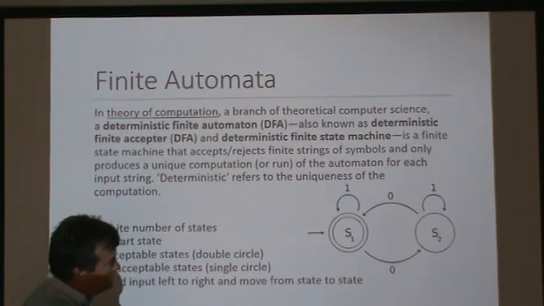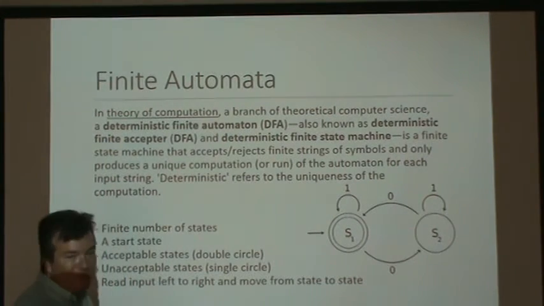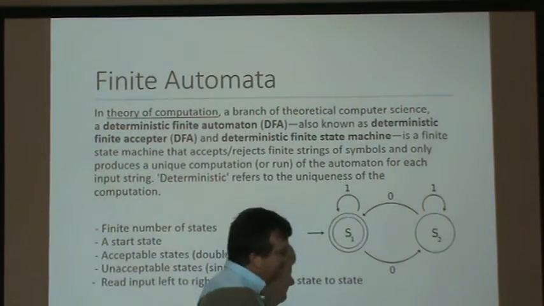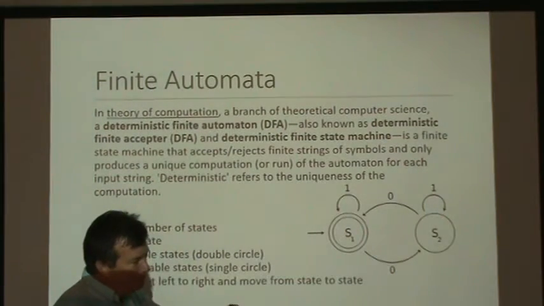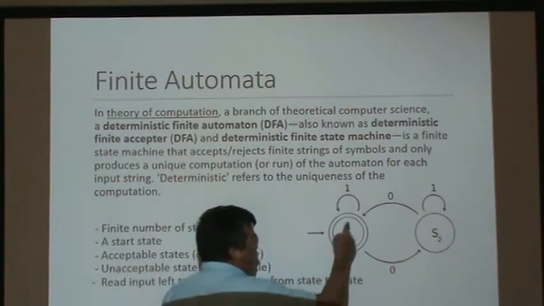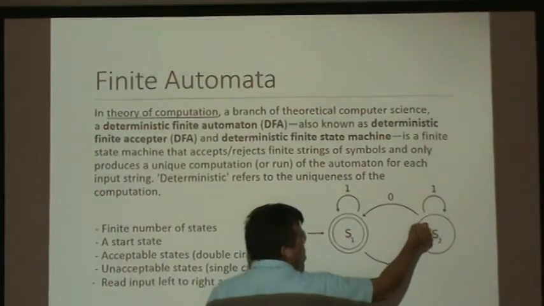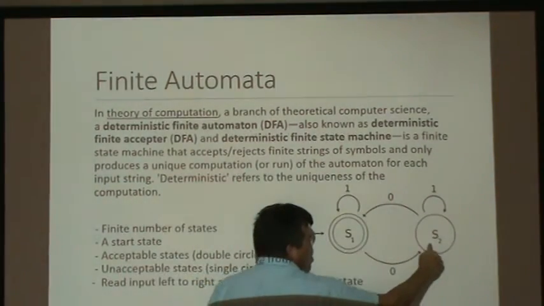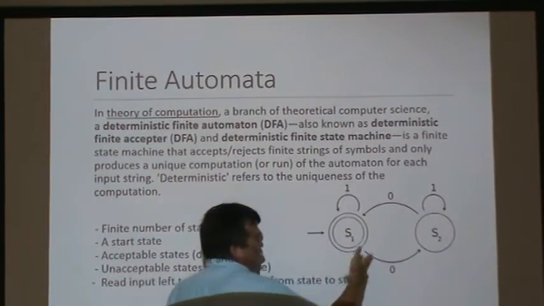This would be the strings that have an even number of zeros. So if you inputted 1 0 1 0 1 0 1 0, and that would be considered good.